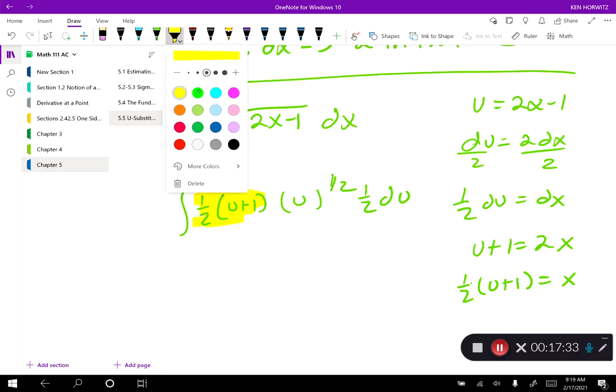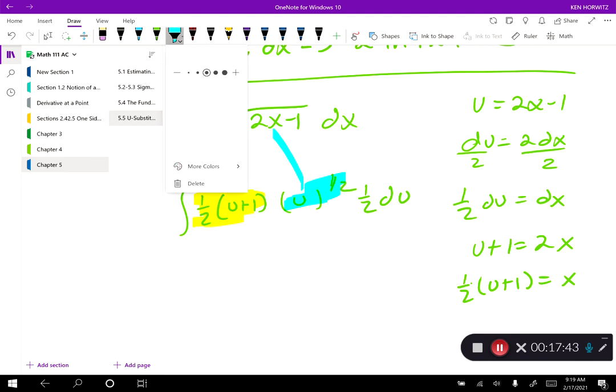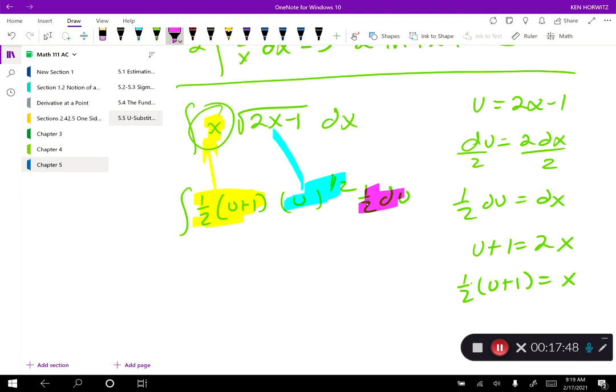I'm going to change color. This was the substitute for my function. Change color one more time. This was the substitute for dx. So I had three substitutions to make.